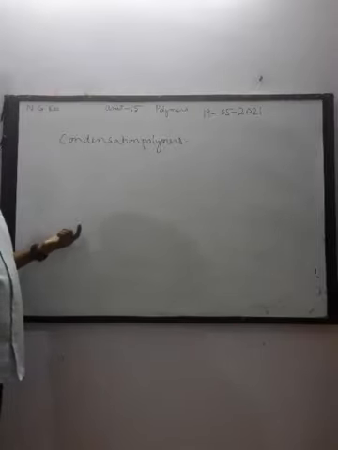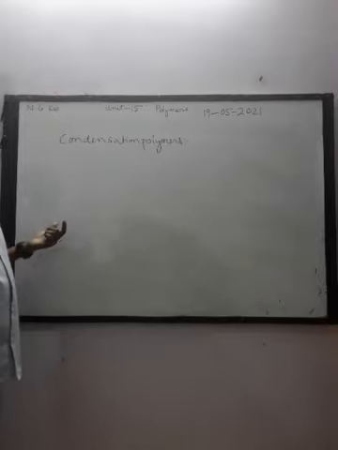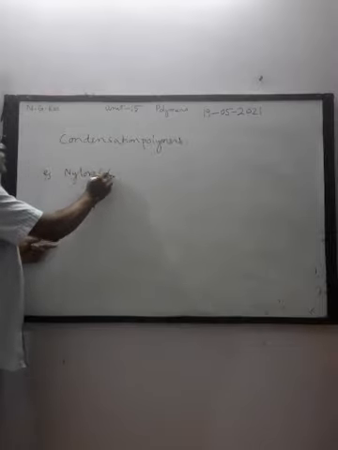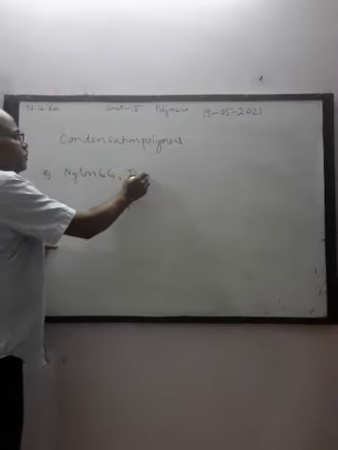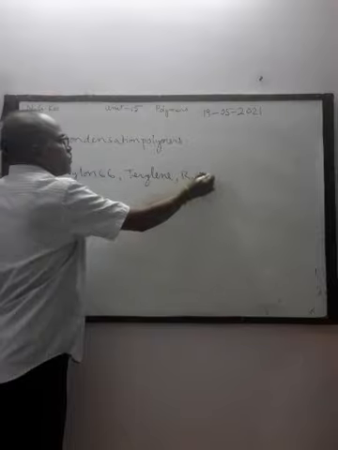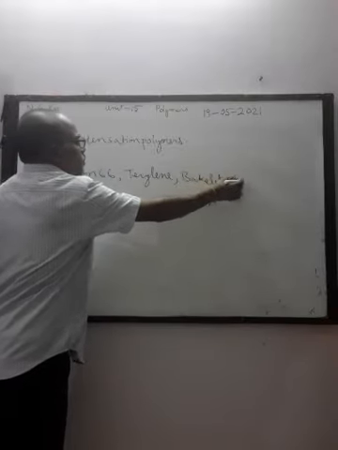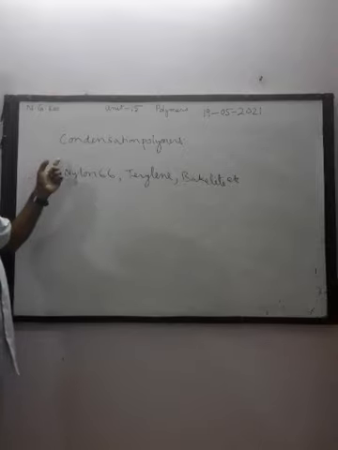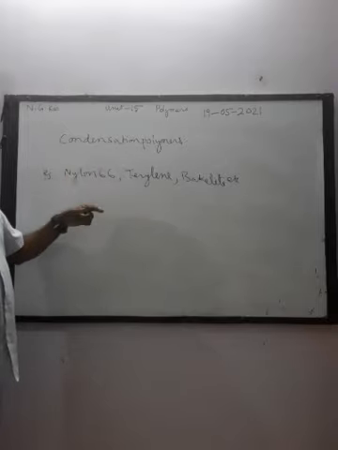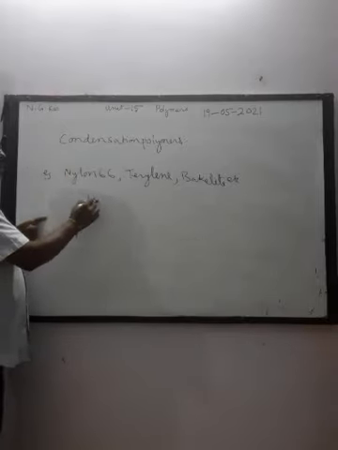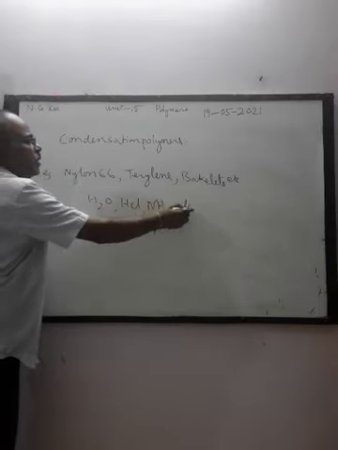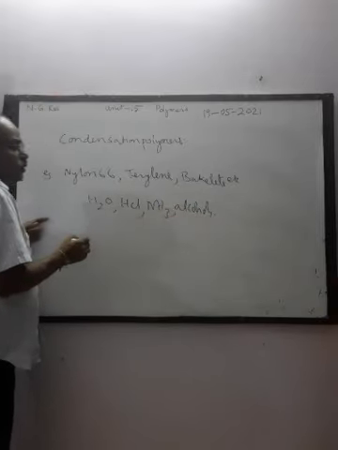There are a number of examples of condensation polymers, for example nylon 66, terylene, bakelite, etc. During condensation of bifunctional or trifunctional groups, some small molecules like water, HCl, ammonia, alcohol, etc. are eliminated during the reaction.